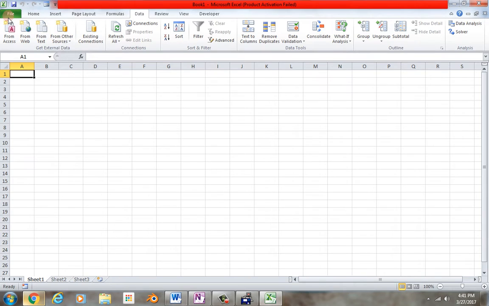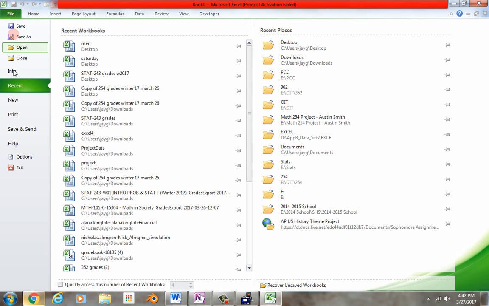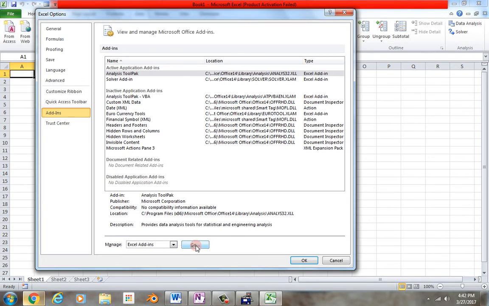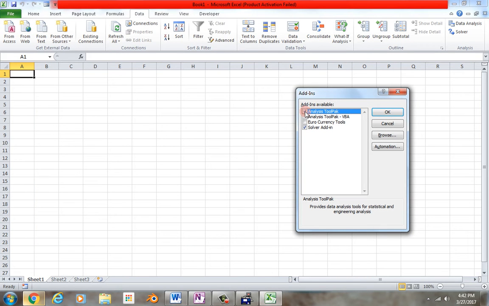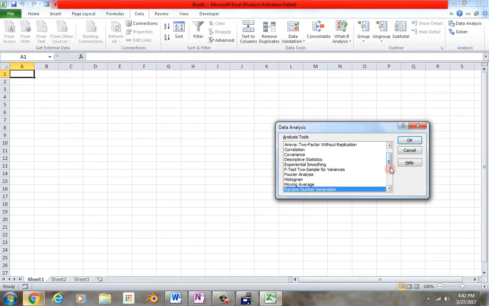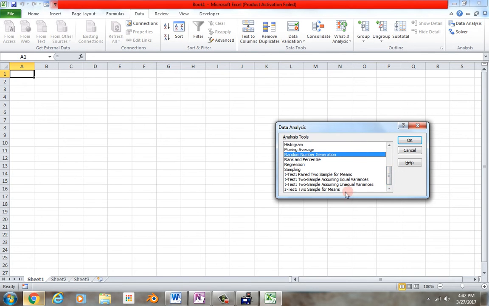If you don't have it, you can add it by clicking on File, then Options, then Add-ins, and then at the bottom it says Go, and you want to turn that top one on, so click on it, OK, and then OK. When you do that, Data Analysis will show up over here. Under here, you will see a z-test.